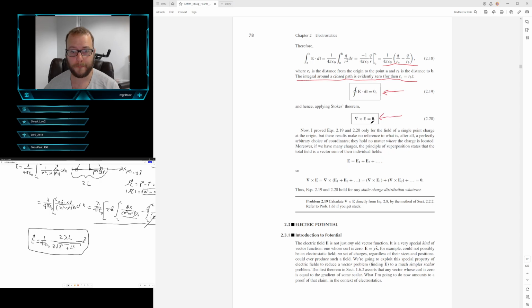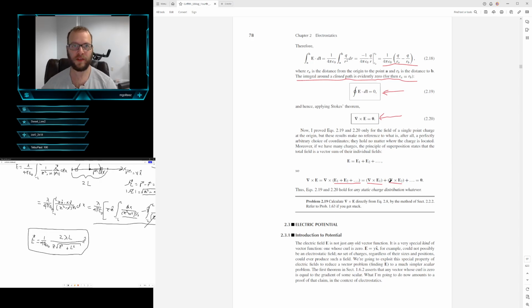So this is for a single point charge. But this holds for any arbitrary choice of coordinate system. So wherever the charge is located, with superposition, summing over all of these fields, we can basically just say, all right, well, the curl of E is equal to the curl of all of the electric fields that we looked at, but that's just the curl of each one individually.